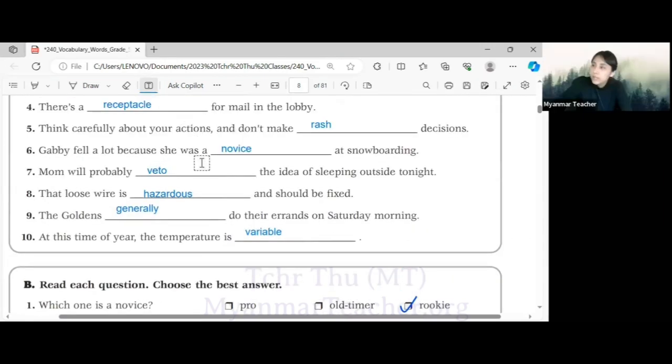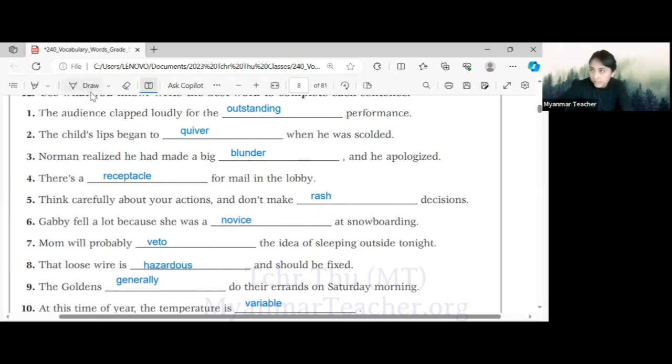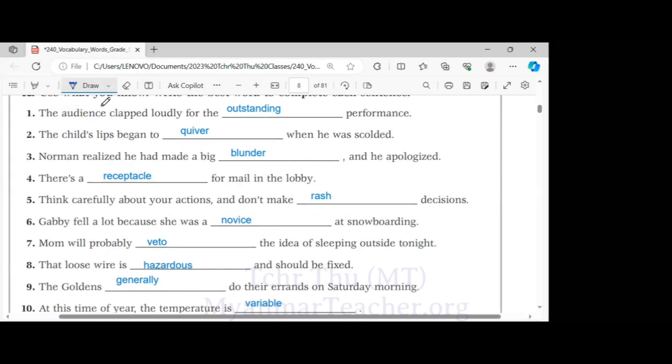So that's all for today. Before you leave the meeting, you have to read these sentences. The audience clapped loudly for the outstanding performance. The child's lips began to quiver when he was scolded. Norman realized he made a big blunder and he apologized. There's a receptacle for mail in the lobby.